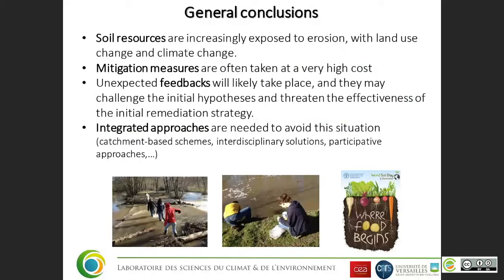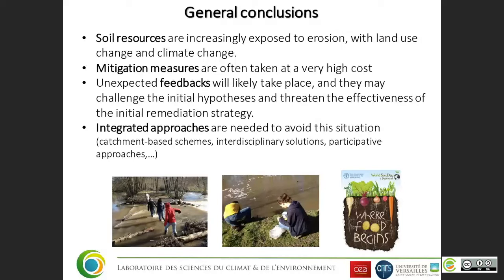So as a conclusion, you showed it, and we've seen other examples, that soil reservoirs are increasingly threatened by erosion, among other threats. Sometimes there are very ambitious and very costly mitigation programs, but they may be effective for some applications and not for others.